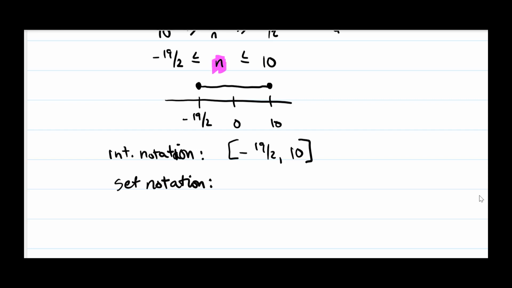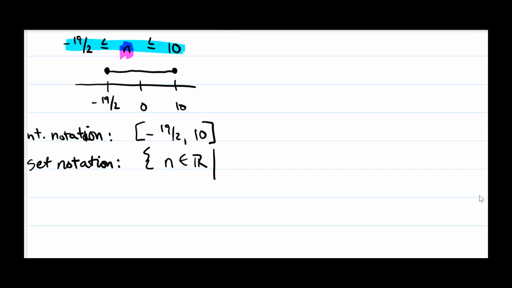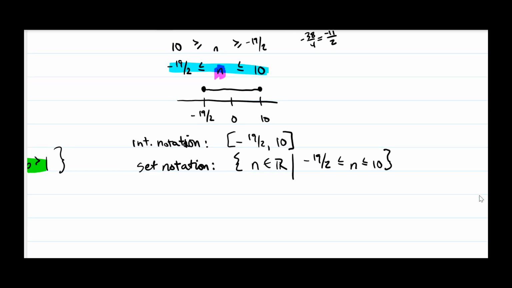So when we go to write this, we're going to start out with n, an element of all real numbers, and our little brace right there, and our absolute value bar. And then you take this expression right here, and you're just going to rewrite that whole thing down in there. So you're going to write down, negative 19 over 2 is less than or equal to n is less than or equal to 10. And then put our brace on there. So that's how you are going to notate that.